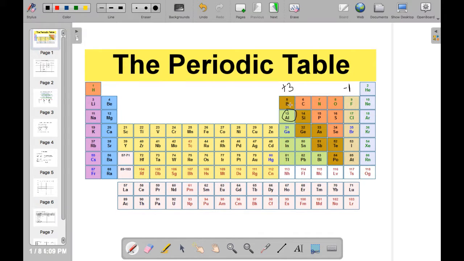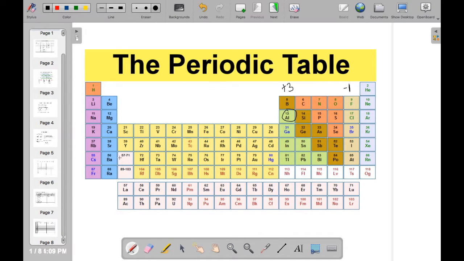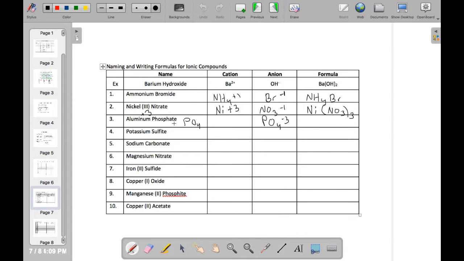Now sometimes people put a Roman numeral by this, but pretty much everything in here is normally going to be a +3, but there are a few exceptions, but they're just not common. So we normally know aluminum is going to be a +3, so let's go back. I know aluminum is a +3, this is a -3. So yet again, I'm in a good spot. These are -3, +3, aluminum phosphate.